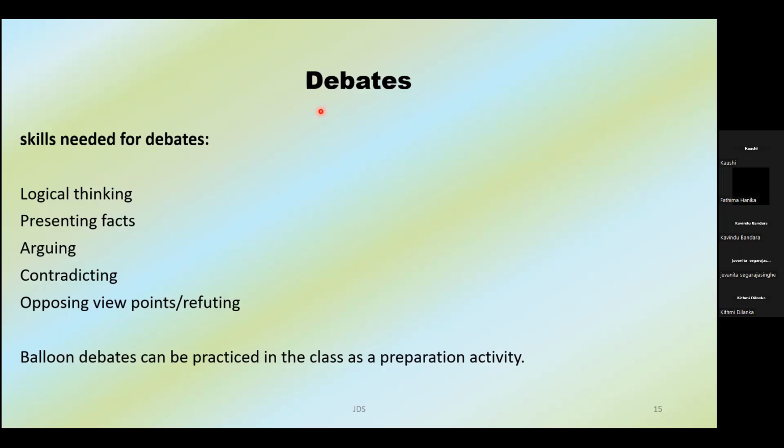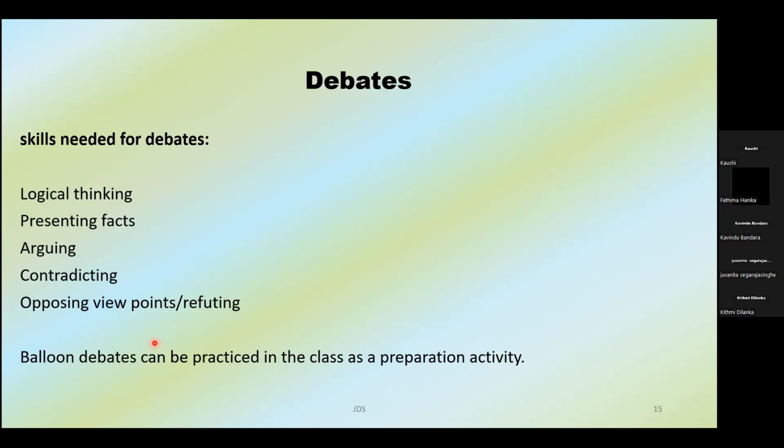So just before making them do debates, you have the concept of balloon debates that can be practiced in the class as a preparation for real debates. In balloon debates, they just come out with their own ideas.